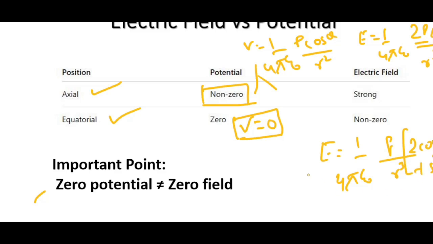This is a complete derivation for electric field. We have not done it, but actually it comes as 1 by 4 pi epsilon naught P upon r cube, 2 cos theta i cap plus sin theta j cap. So this is the basic comparison of how electric field and potential vary.